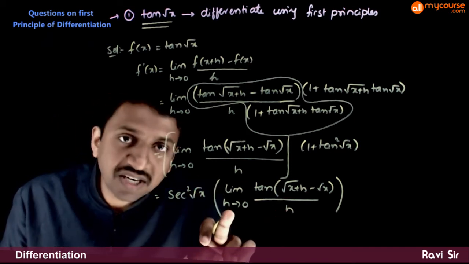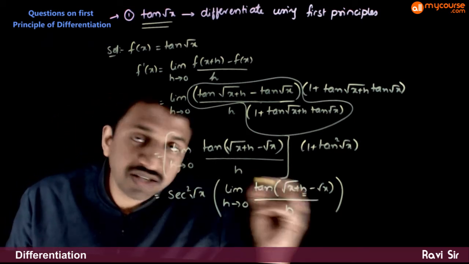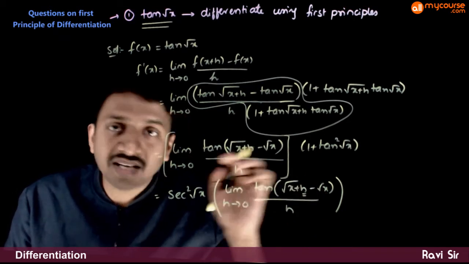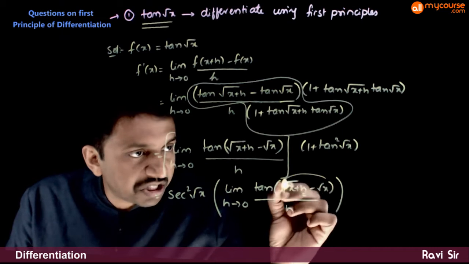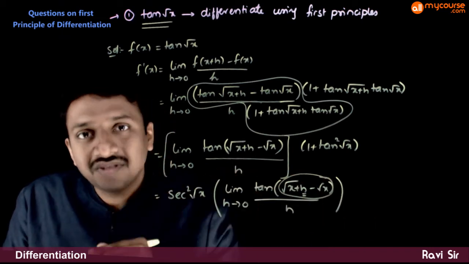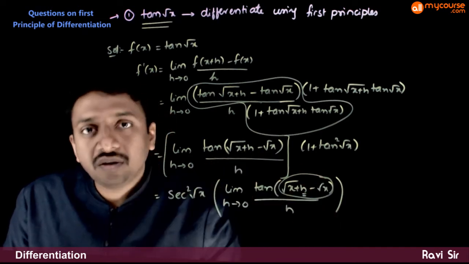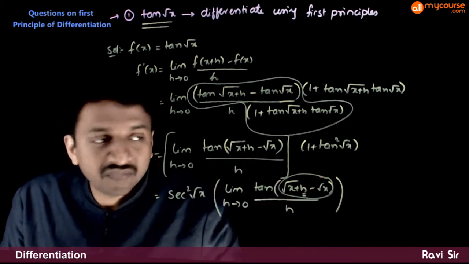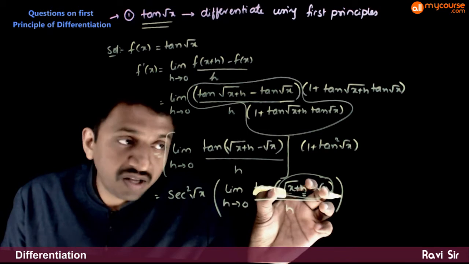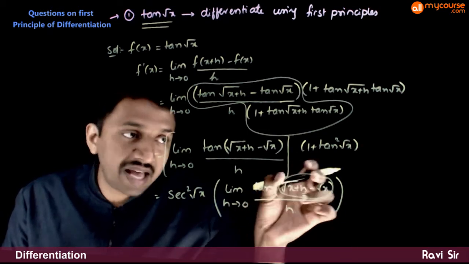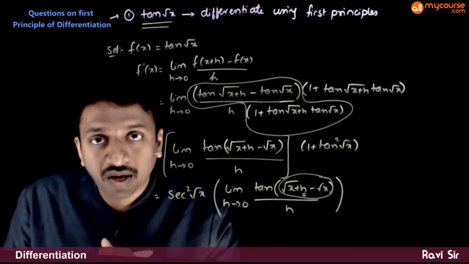So now as h tends to 0, you can see that inside tan you have root x plus h minus root x. This expression goes to 0. As h tends to 0, this expression goes to 0. So if this expression goes to 0, if you divide exactly with this expression, tan something by something, as something goes to 0, goes to 1.